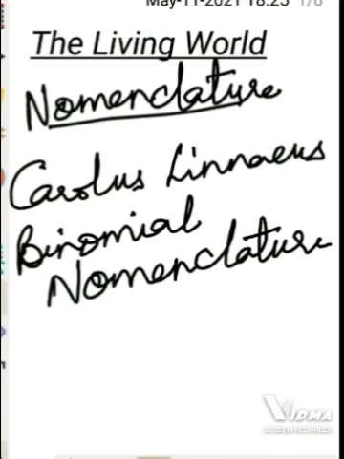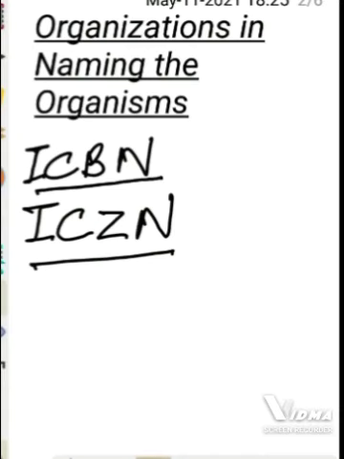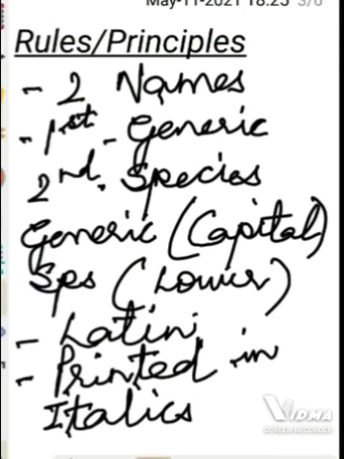The 2 organizations who follow these rules are ICBN and ICZN, that is International Code for Botanical Nomenclature and International Code for Zoological Nomenclature. There are certain principles laid by these organizations who follow the Carolus von Linnaeus principles of binomial nomenclature. The first rule is that 2 names are assigned to every organism. The first name is the generic name, the second name is the name of the species. The generic name always starts with a capital letter, the species name starts with a lowercase.